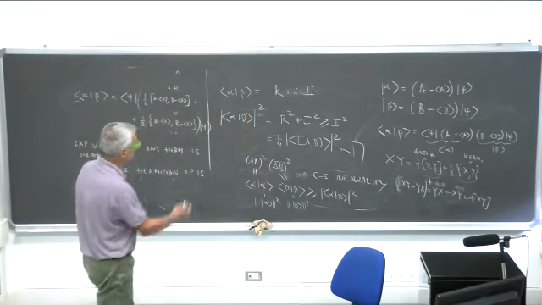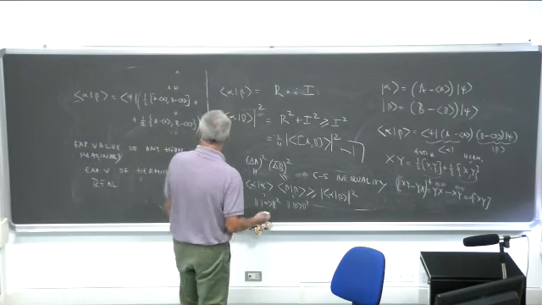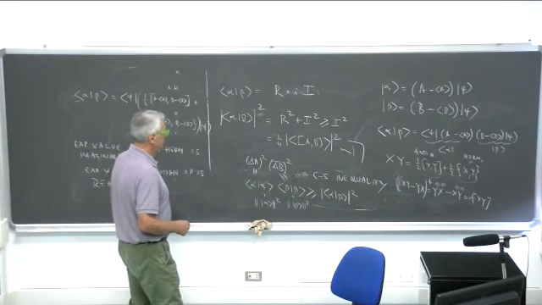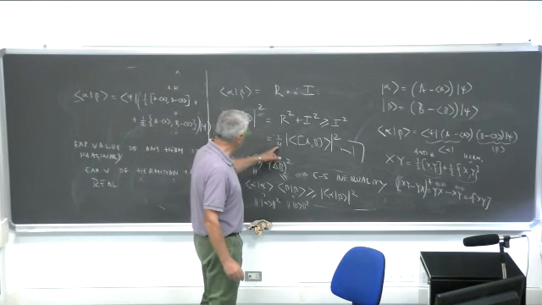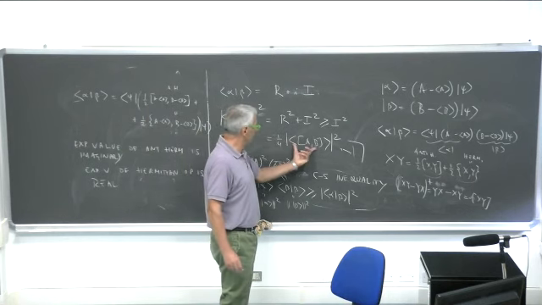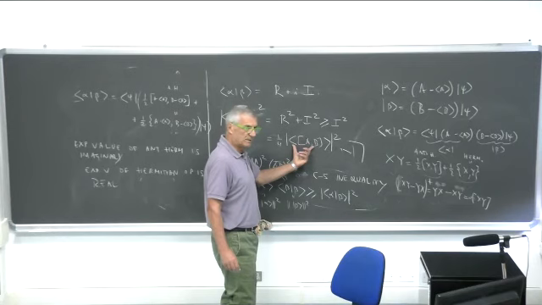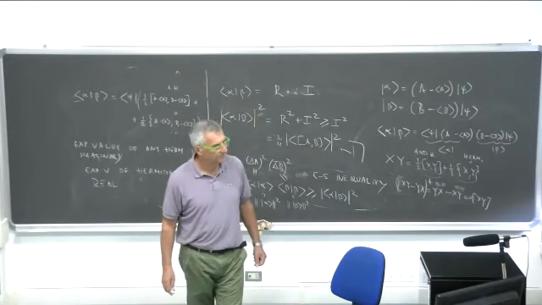So if you take the square root of both sides, you get delta A times delta B is greater or equal than 1/2 the modulus of the expectation value of the commutator. Okay.